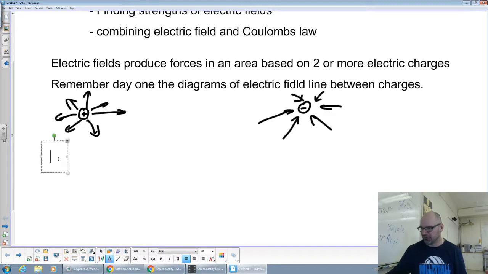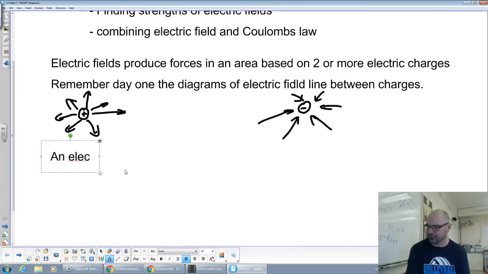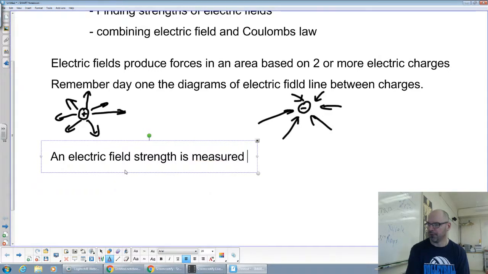And that's the very first area that we're going to look at, and we're going to look at equations here. So an electric field strength, we spell field wrong here. Okay, an electric field strength is measured as a force amount, we'll say, per unit of charge.